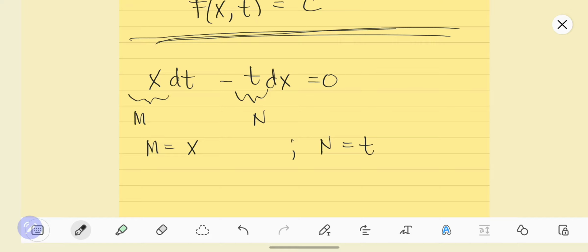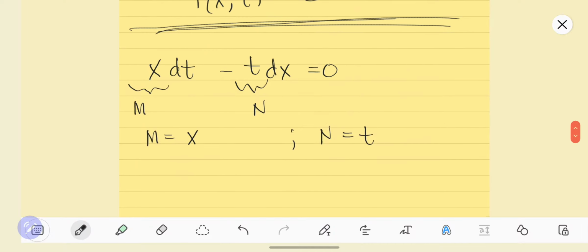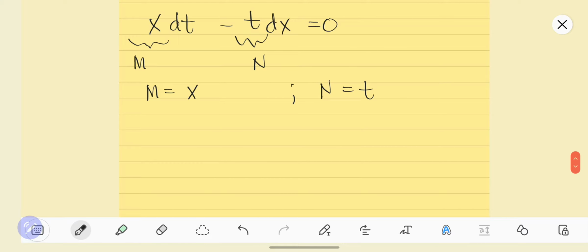Before using the method of exact differential equations, we will check the exactness of the equation. The partial derivative of M with respect to x must be equal to the partial derivative of N with respect to t.